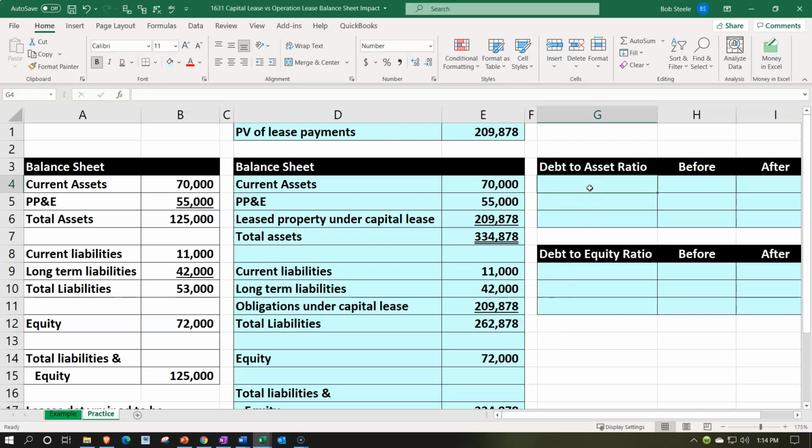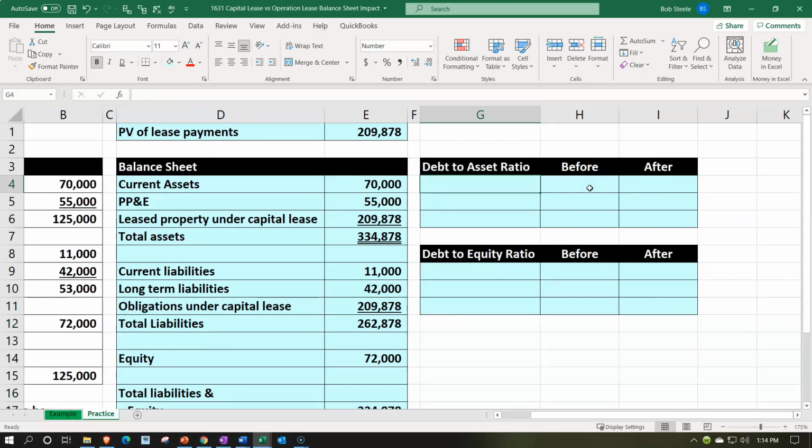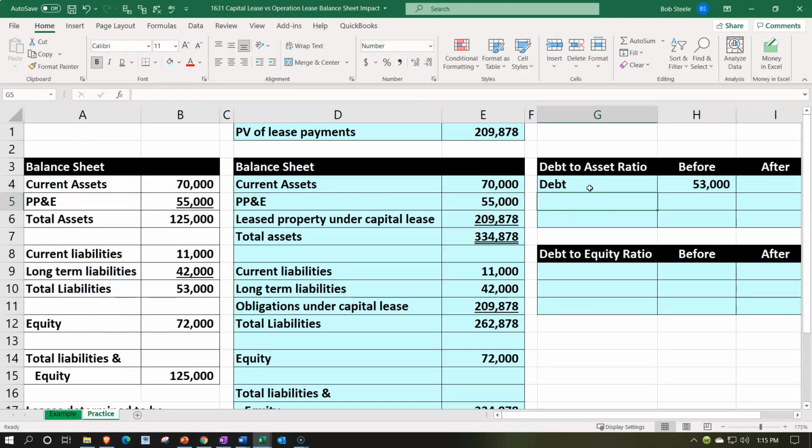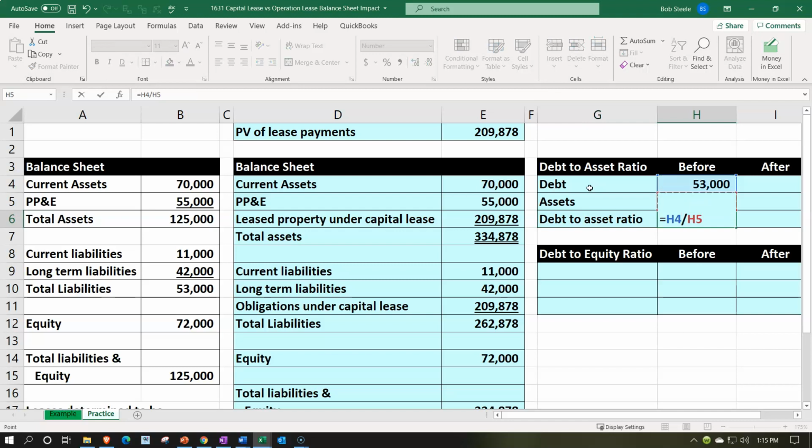So if we look at some ratios, such as the debt to asset ratio, which is a common type of ratio. So the debt, we're going to say, is the liabilities. This is what it was before. We were at the debt of the 53,000, compared to the assets, which before were at the 125,000, which gives us a debt to asset ratio of 53,000 divided by the 125,000, making that a percent, numbers group, percentifying it with a couple decimals.